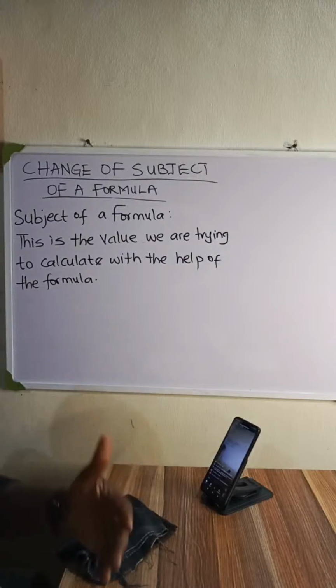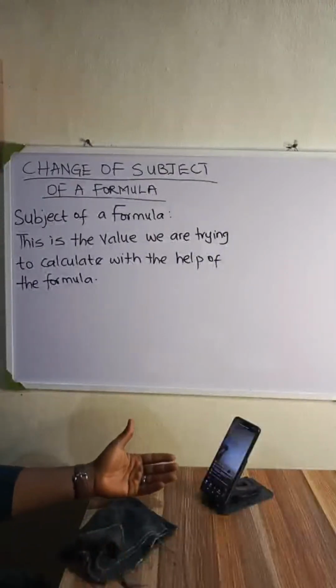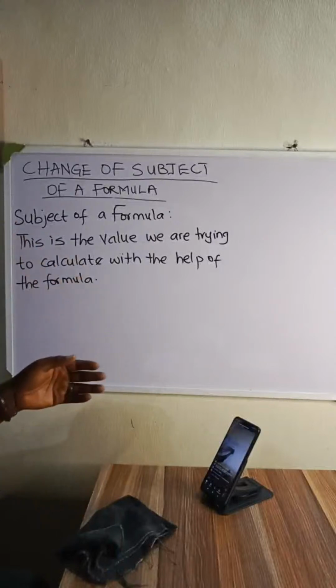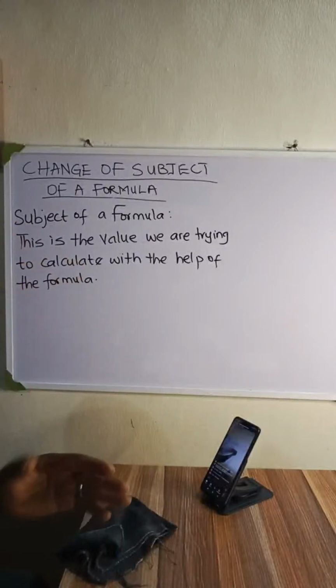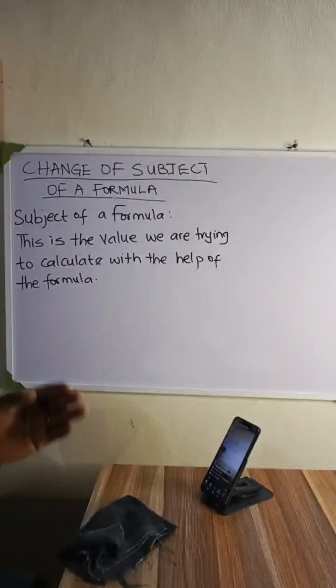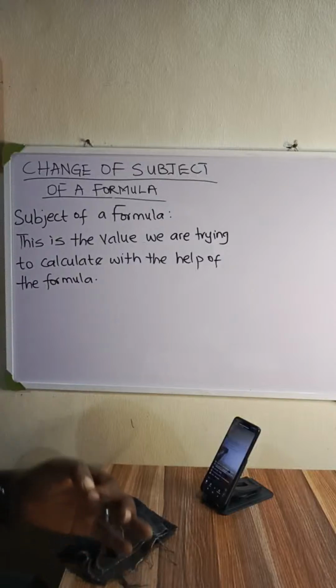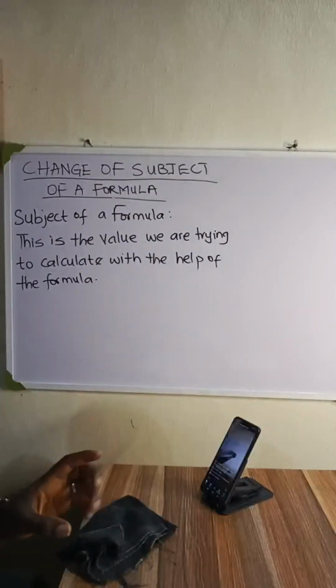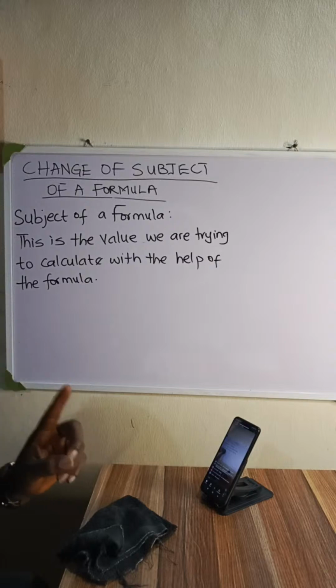Just like in this particular live class, there is a subject. The subject is mathematics, change of subject of a formula, that's the subject. The same thing applies to every formula. There's always a target for that formula, what you are trying to solve using that formula. And the subject of the formula is usually found alone on the left side of the formula.